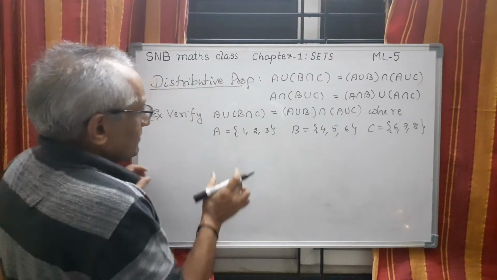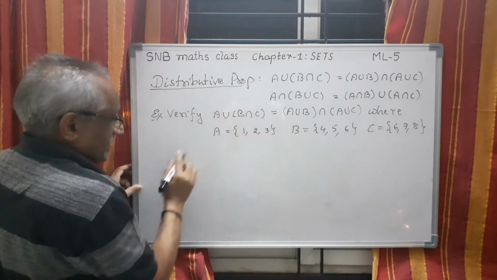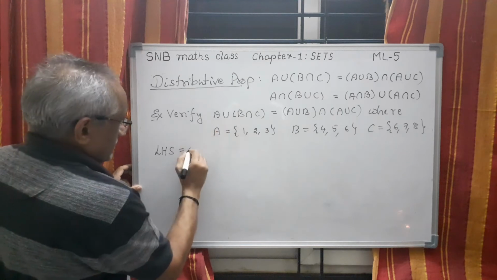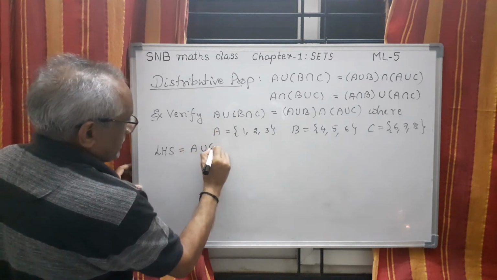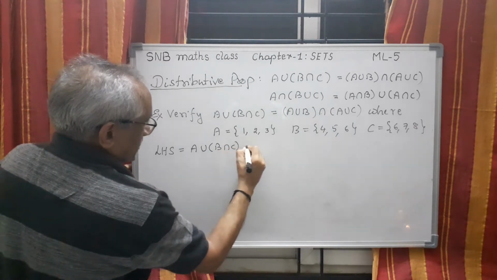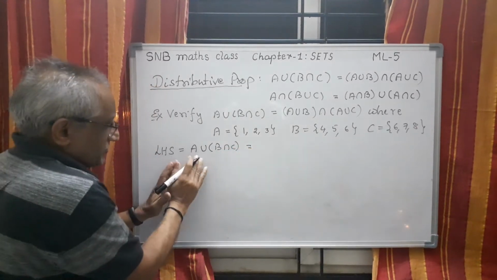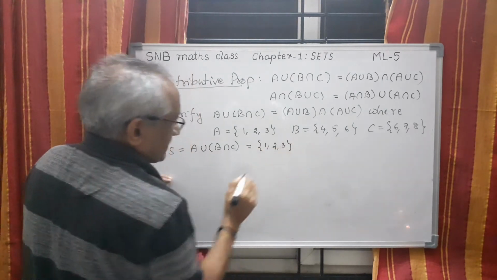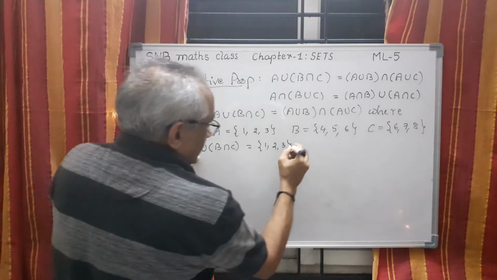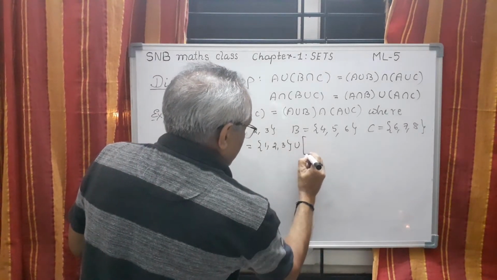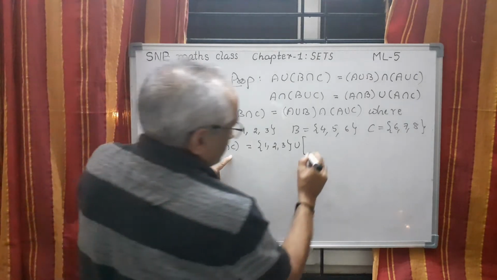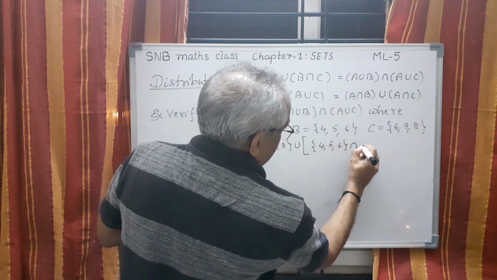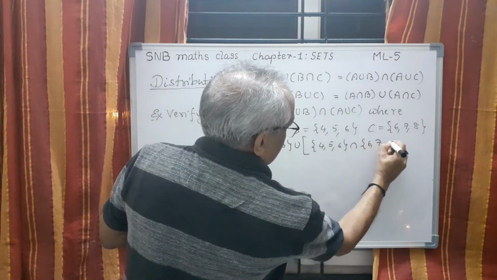Therefore, first take the left side. The left side is A union, then B intersection C. First you substitute A, which is 1, 2, 3. Then union, then a bracket, and we write B intersection C: B is 4, 5, 6, then intersection 6, 7, 8.